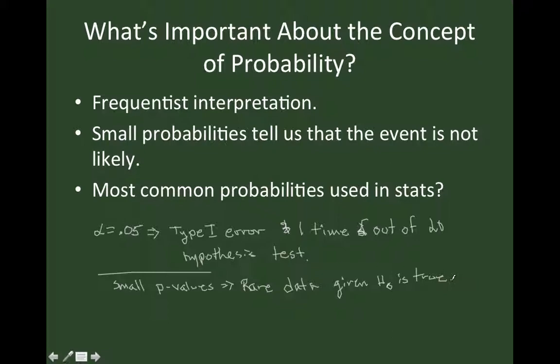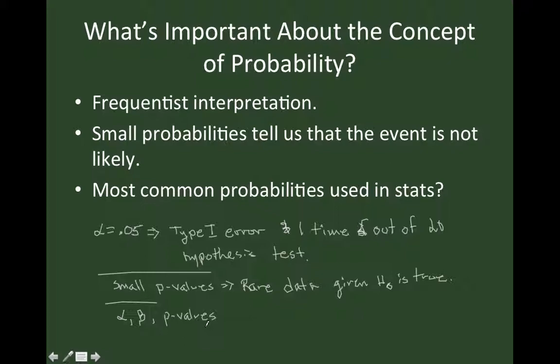So what are the common probabilities used in statistics? Alpha, the type 1 error rate, beta, the type 2 error rate, and p-values. Later on, we'll talk about something called a confidence interval, and we'll have the level of confidence, which will come up later in the course.